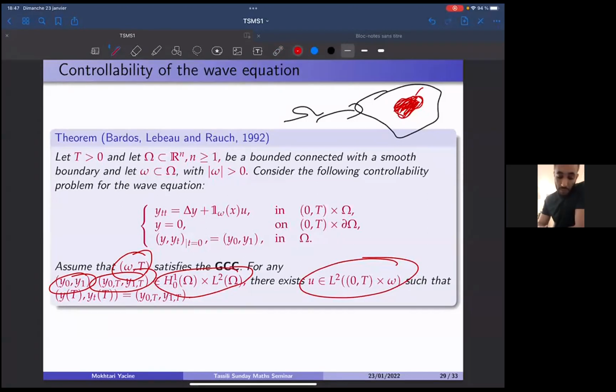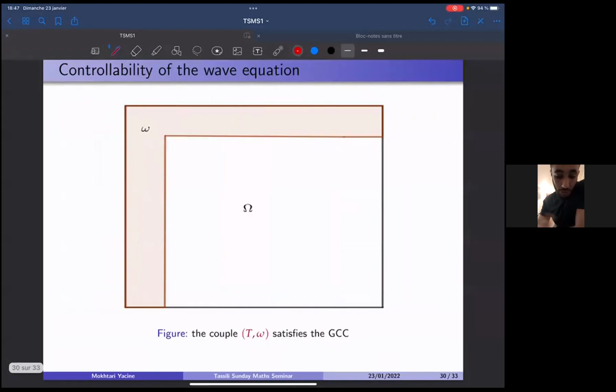What I mean by the geometric control condition is exactly as for the transport equation, but it is more general. In this setting, the couple (T, omega) satisfies the geometric control condition.